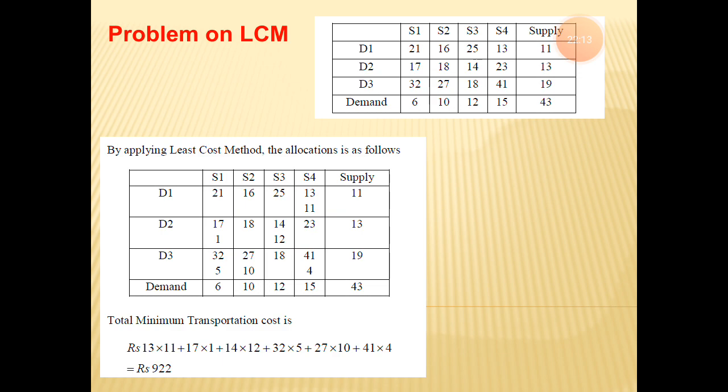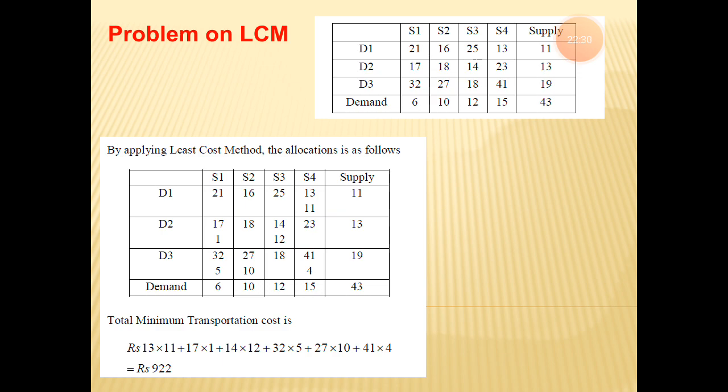How much is possible to allocate? 12 is allocated for the cost 14. Then only 1 remains in the supply.